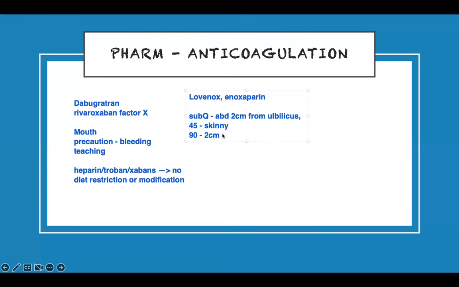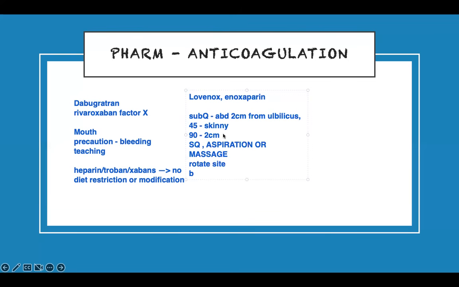You inject it like you inject sub-Q medication, and you don't aspirate. No aspiration or massage. This is a fundamental skill you should know by now already, and no massage, nothing like that. It's better to rotate sites.